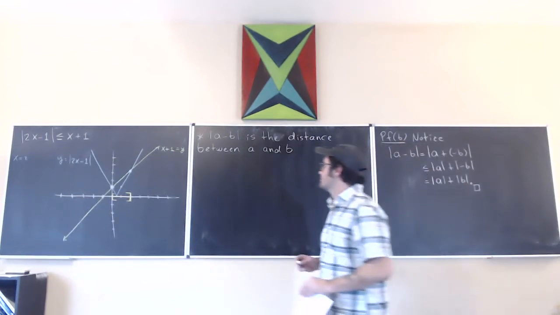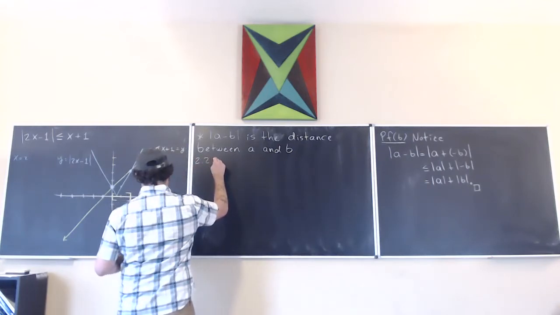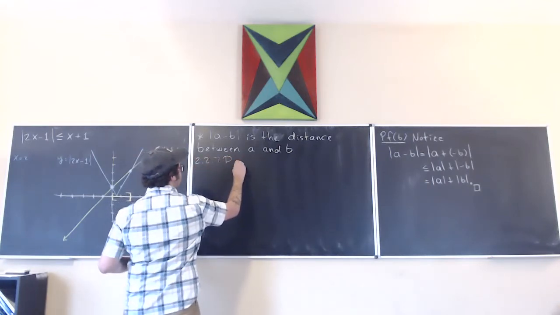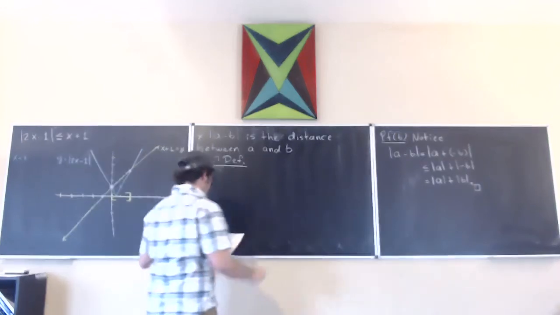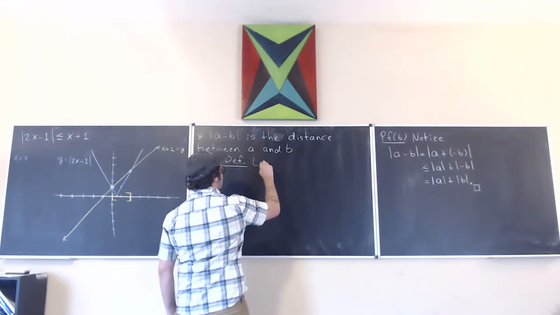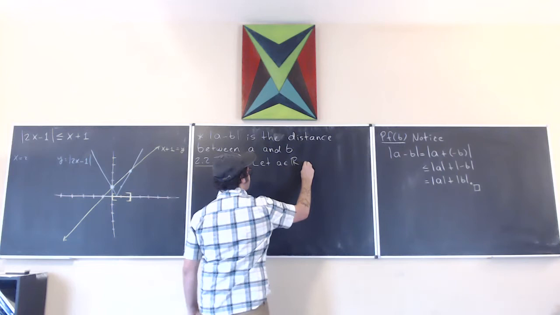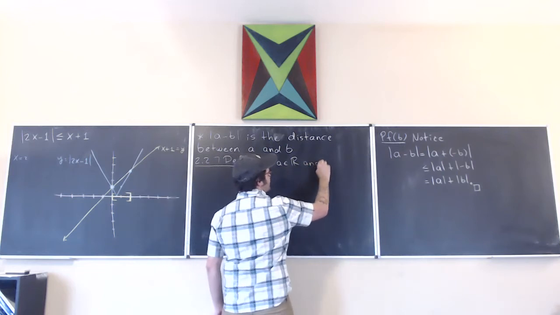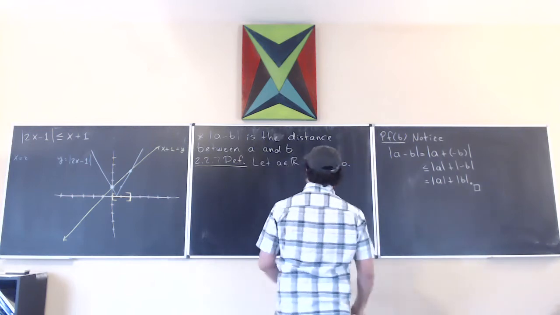Okay, so now we have a definition. 2.2.7 definition. So we're going to say that A be some arbitrary real number and epsilon be a positive real number.